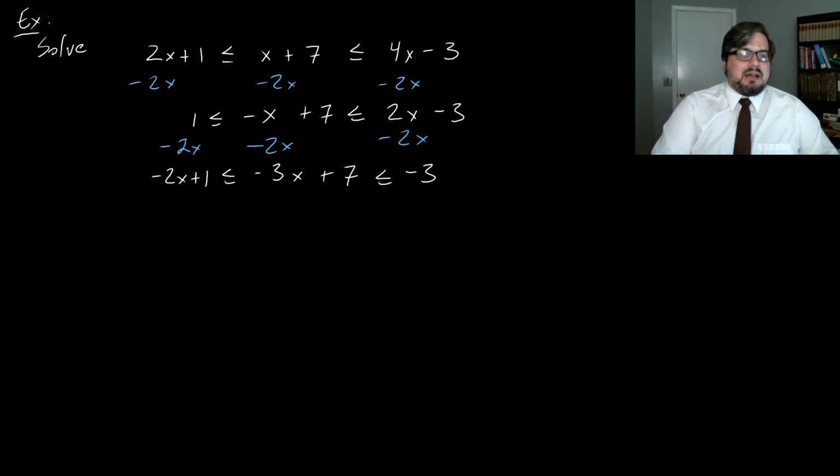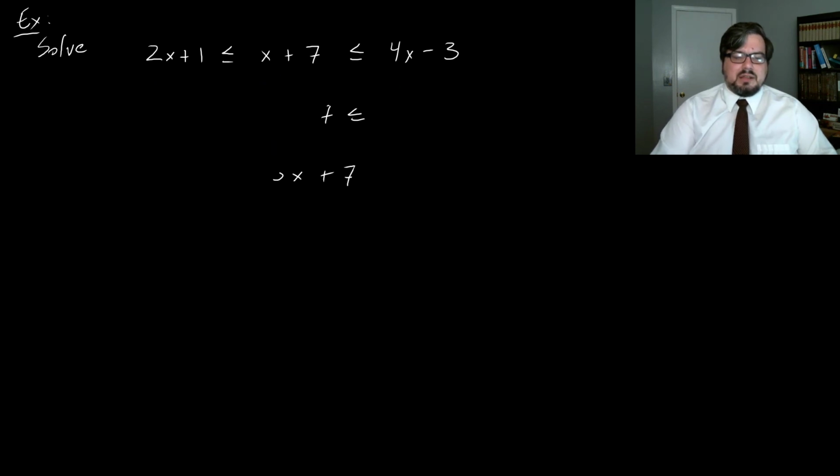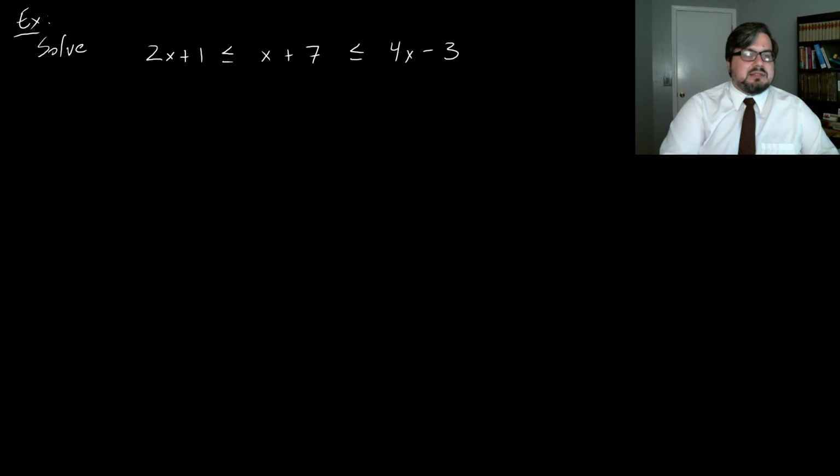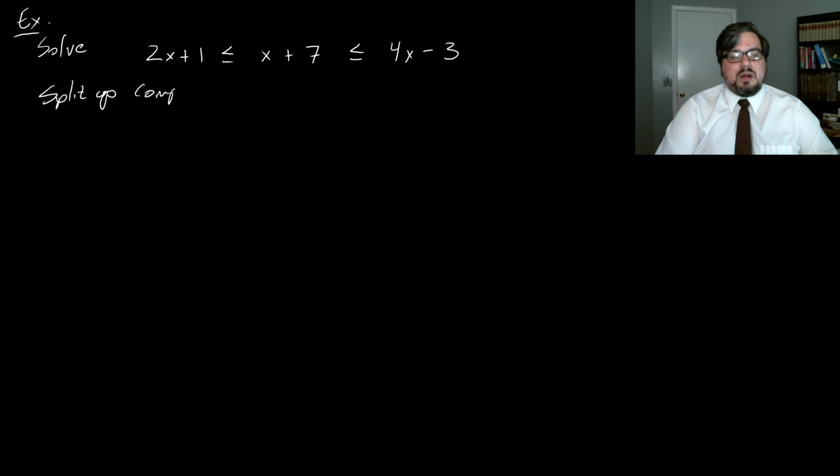That's unfortunate, and it means that we're going to have to work a little bit harder in order to get our answer, but we can still do it. So let's go ahead and get rid of all this, and let's see how we actually do it. So the other technique that we have is to split up the compound inequality.